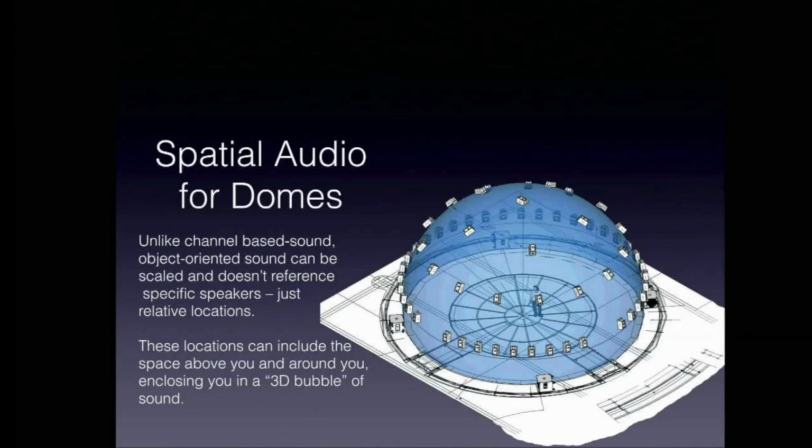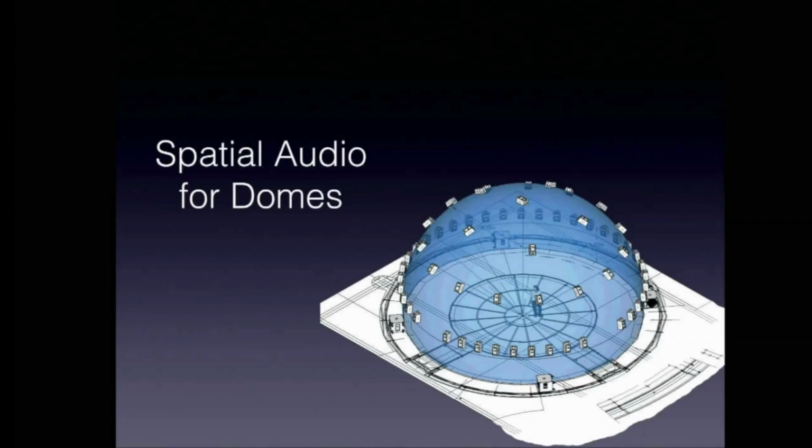Later on, when you install your spatial audio system, your metadata will move the sound around in your particular theater because the objects know the relative place they need to be relative to each other in the sound space. So this is the whole advantage of doing object-based audio.